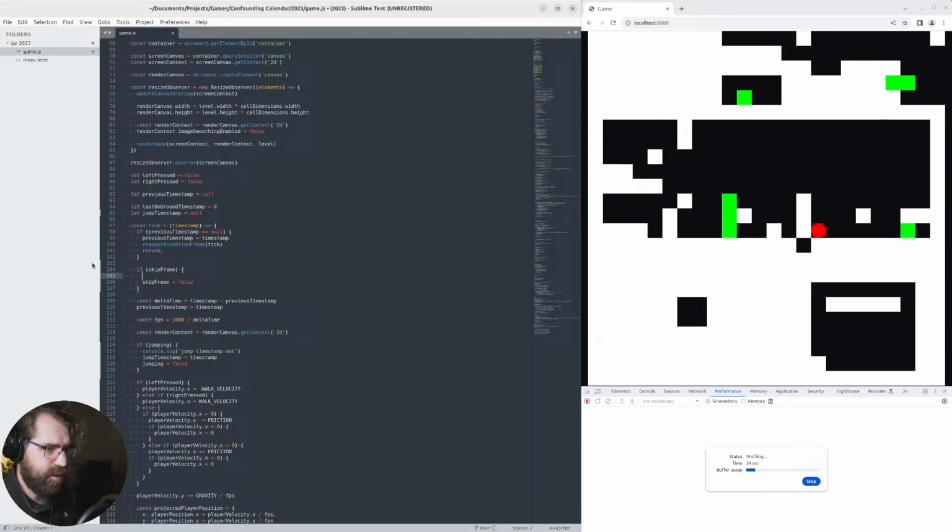But also, I could shift the previous timestamp further back. I think that would actually work. So it's basically an extra step back if I press A.